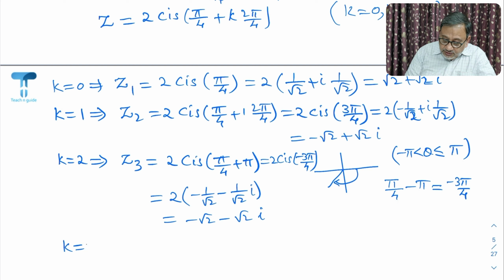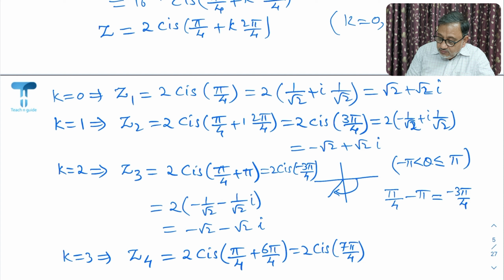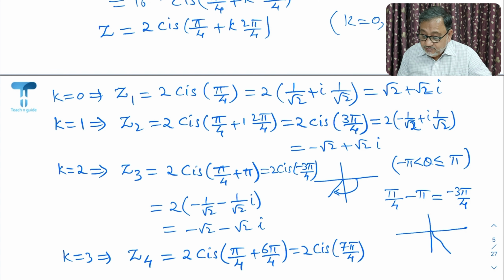And for k equal to 3, z4, the fourth root, 2 cis π/4 plus, and look here, there was k here, so that k will become 3, so 3 times 2, 6π/4. So this is going to become 7π/4. Now look here, where is 7π/4? 7π/4 is in the fourth quadrant, right?